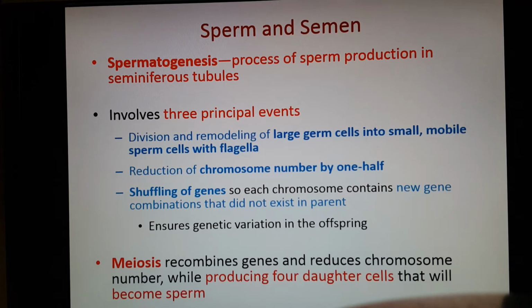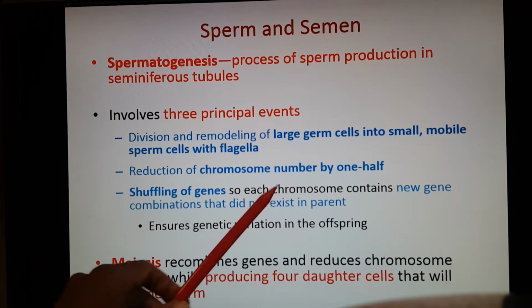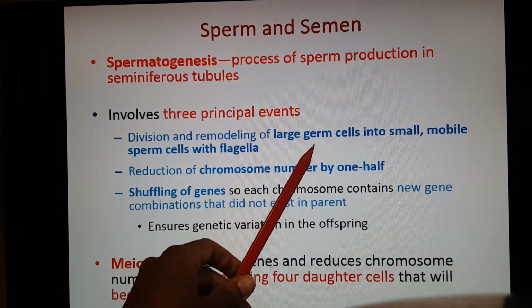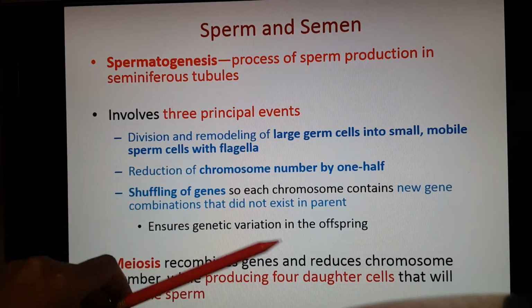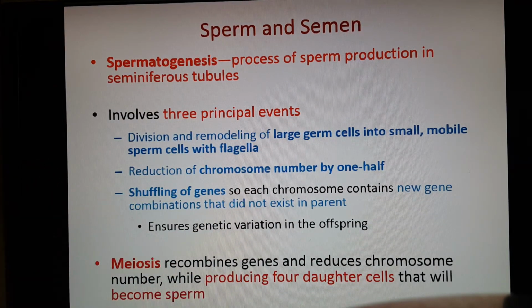So there's 3 events to produce sperm. It's the division and remodeling of the large germ cells into the smaller sperm cells with flagella, so that's the flat whiplash tail at the end.